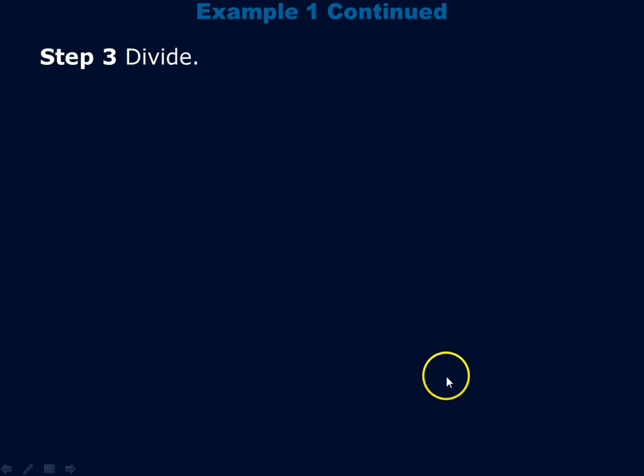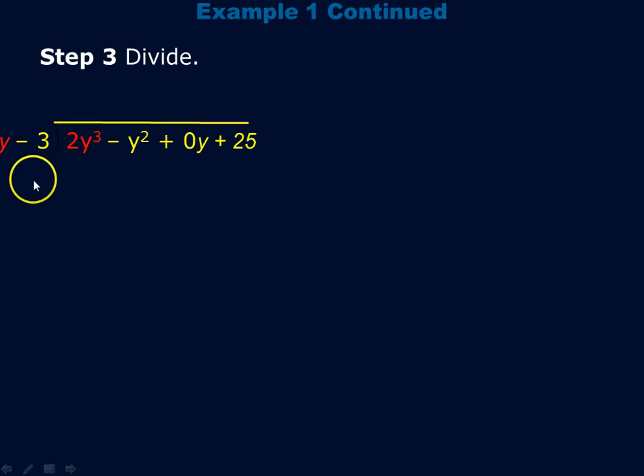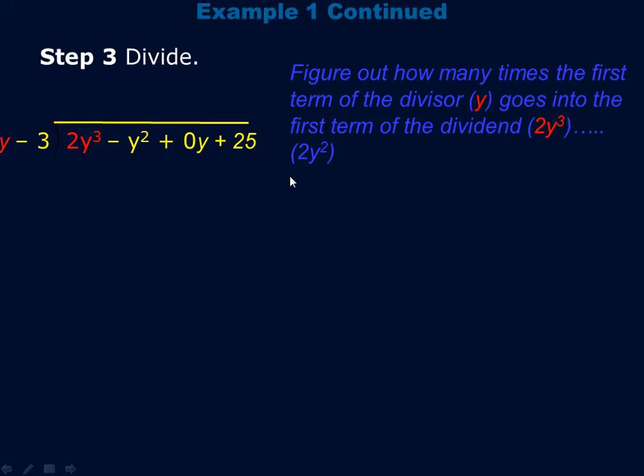Alright, let's work this out. y minus 3 goes into 2y cubed minus y squared plus 0y plus 25. First step, figure out how many times the first term of the divisor, which is y, goes into the first term of the dividend, 2y cubed. We should come up with 2y squared.